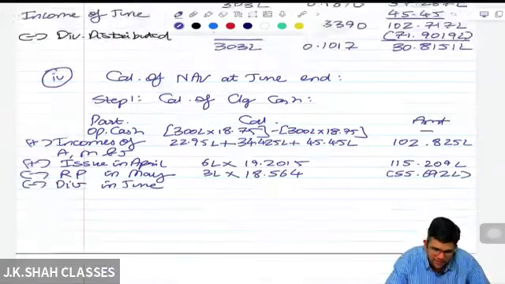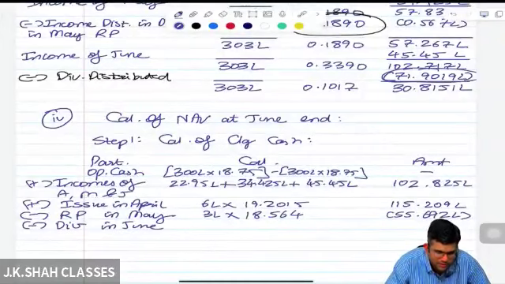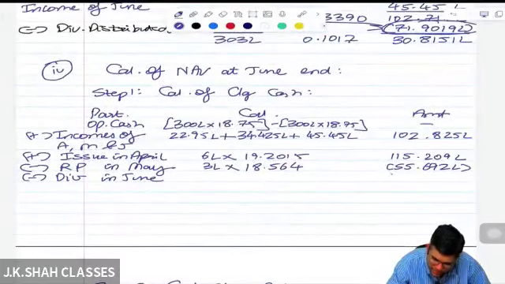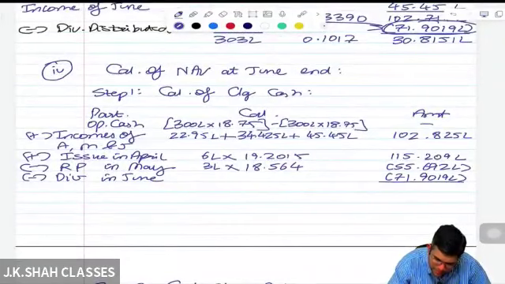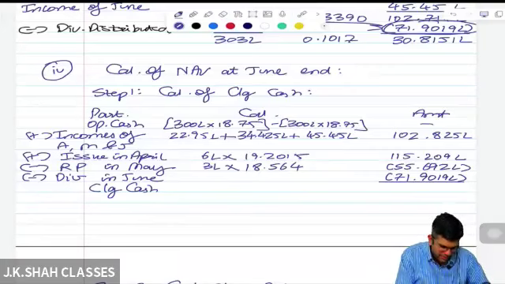And then the dividends you paid, we already calculated, 71.9019 lakh. That, students, will give you your closing cash balance. So this is 102.825 plus 115.209 minus 55.692 minus 71.9019.